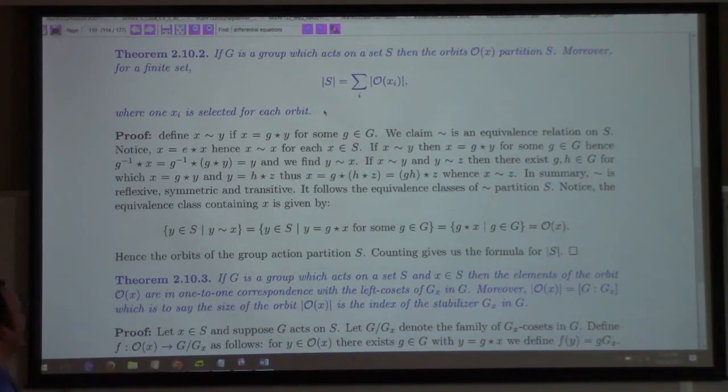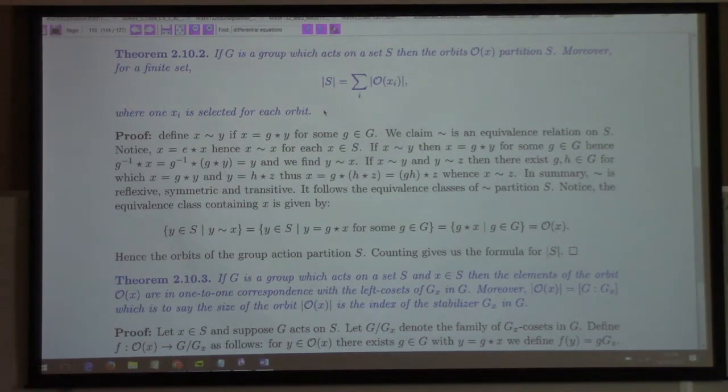Okay, so here's the proof. Basically, what you want to do is prove that we have a partition. The easiest way to prove that is to prove that we're working with an equivalence relation, right? So what is our equivalence relation going to be? Two points in the set are equivalent if and only if there's a g that multiplies one point to the other.